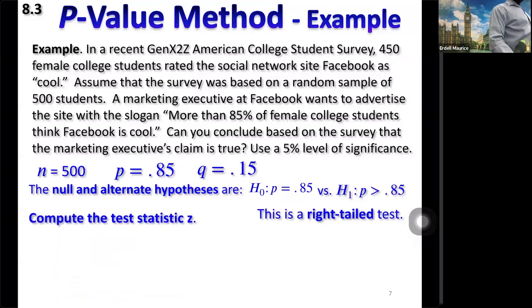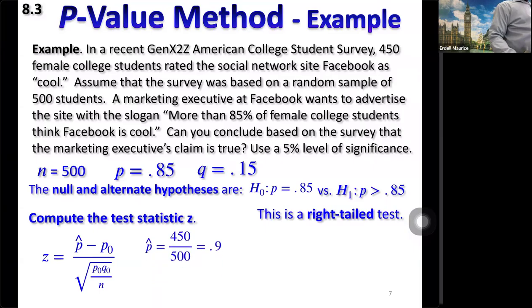All right, and so we compute the test statistic Z. And again, this is that fancy formula, right? Again, this formula you will have to memorize. You're not given formulas on the test. But also SALT will calculate it for you as well. And so P hat is going to be 450 out of 500. So that's going to be your P hat.